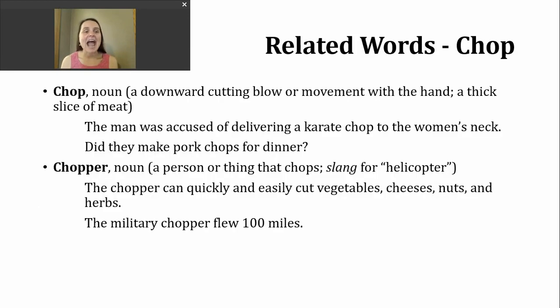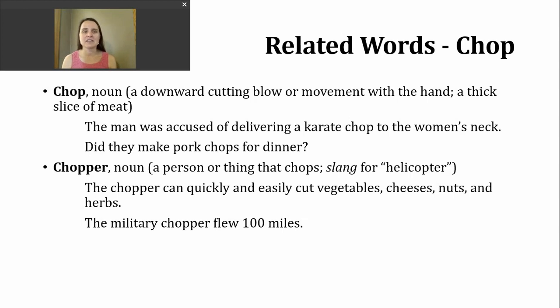Let's take a look at some words that are related to our verb chop. The first is the noun form of this word. It has the exact same spelling and the exact same pronunciation. Just like our verb, it can also have a couple different meanings. One meaning of chop is a downward cutting blow or movement with the hand.